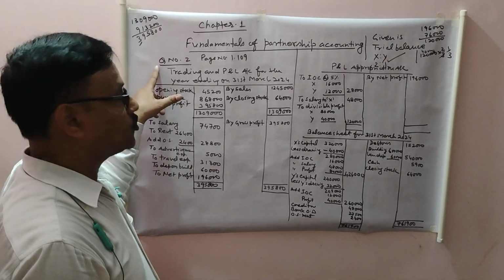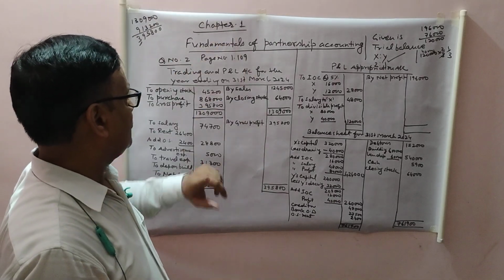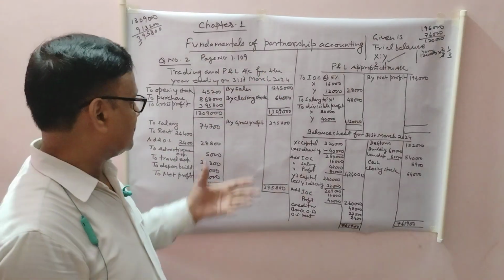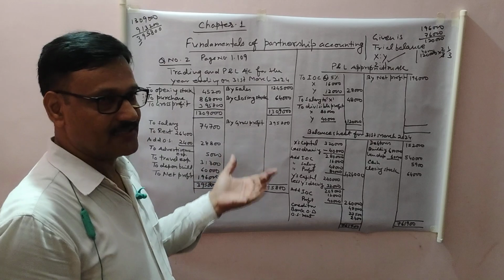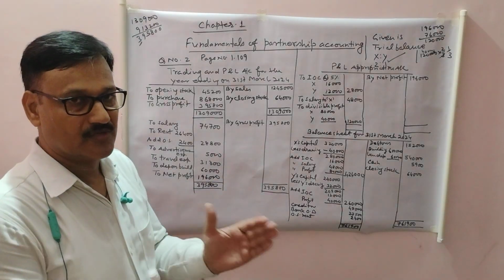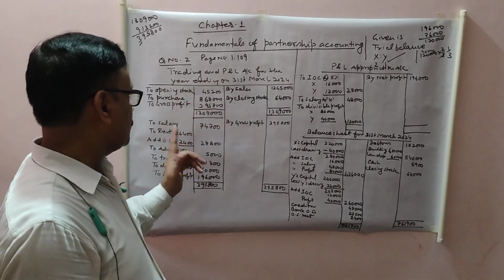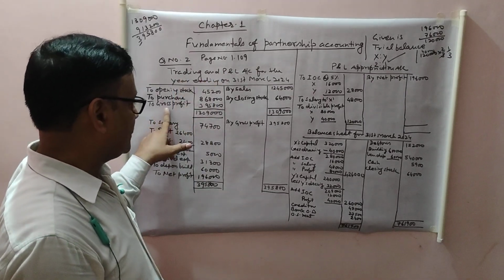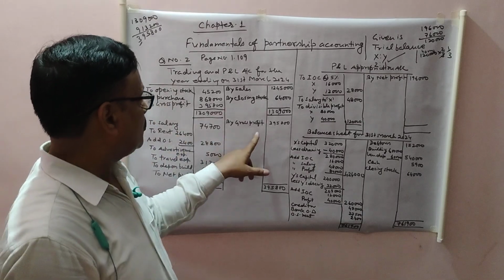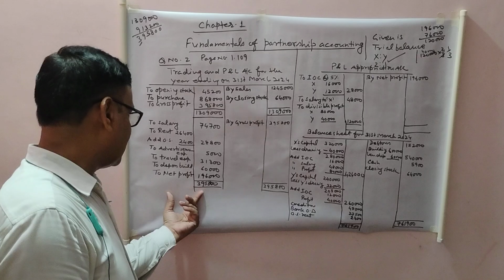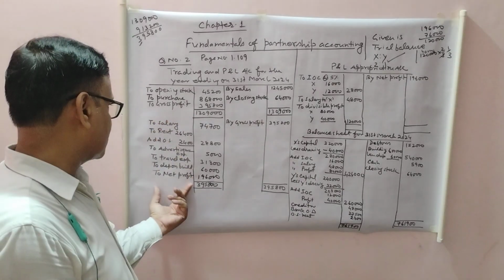Question number 2, Chapter 1, Fundamentals of Partnership Accounting. What was given? The trial balance and certain adjustments and other information were given. With the help of the trial balance, we prepared the trading account and derived gross profit, then we transferred that gross profit to the profit and loss account, and other indirect expenses we mentioned here, keeping in mind the adjustments also.